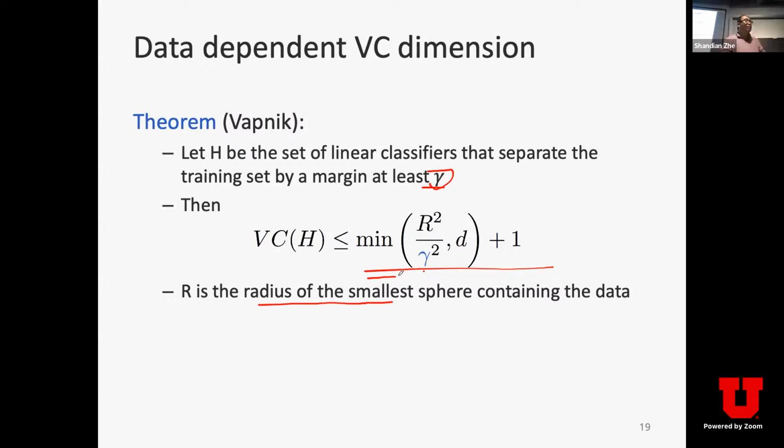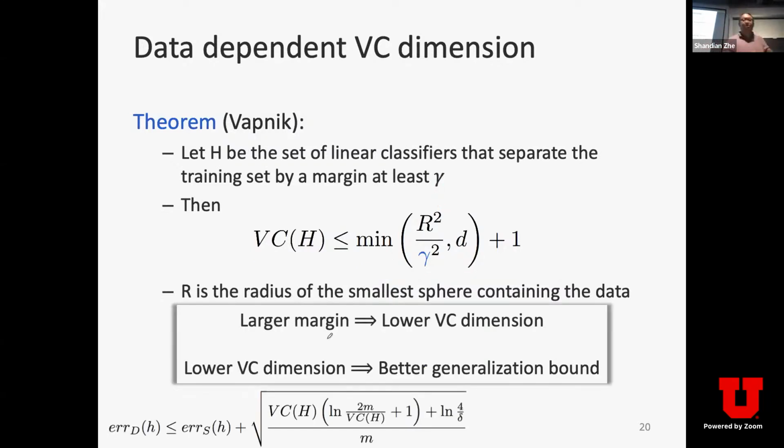By the way, any questions regarding what this theorem says? It tells you that if I pick a particular subset of linear classifiers whose margin is this gamma, then I can claim that the VC dimension of this subset of linear classifiers is upper bounded by this. R is determined by the training set, but gamma is the margin.